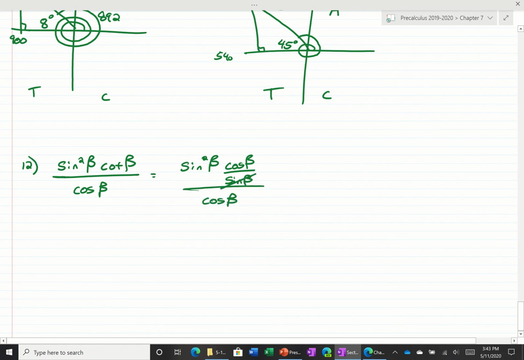So one of these sines cancels out with one of these, just using basic algebra. And we would get sine of beta times the cosine of beta, all divided by the cosine of beta. You're multiplying and dividing by the same thing, so you get sine of beta.